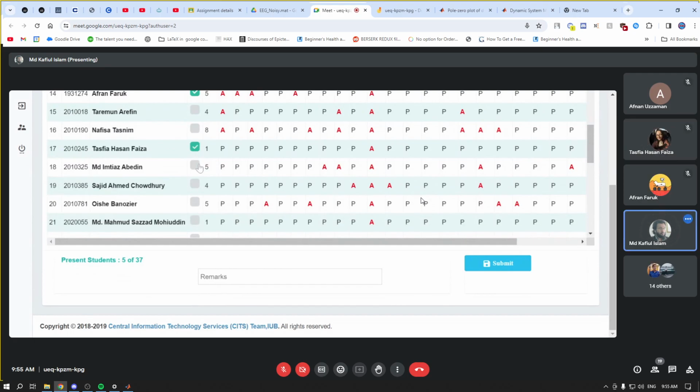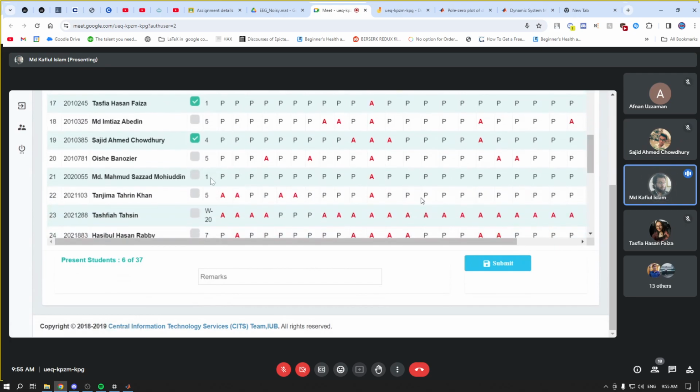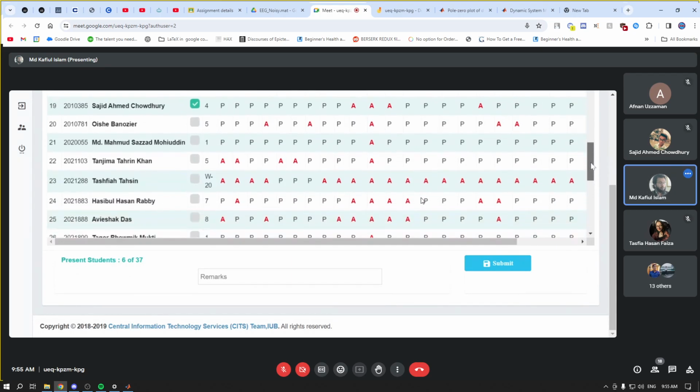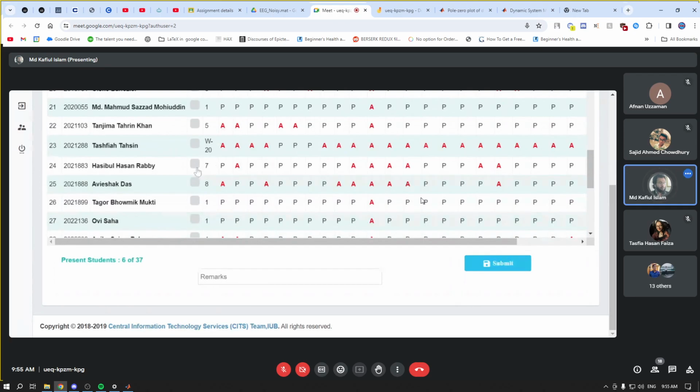Imtiaz Abedin, Sajid Ahmed, present, sir. Oishi Benazir, Mahmud Sajjad, Tanzima Taharin, Hasibul Hassan, Abhishek Dash, Mukti, present, sir.